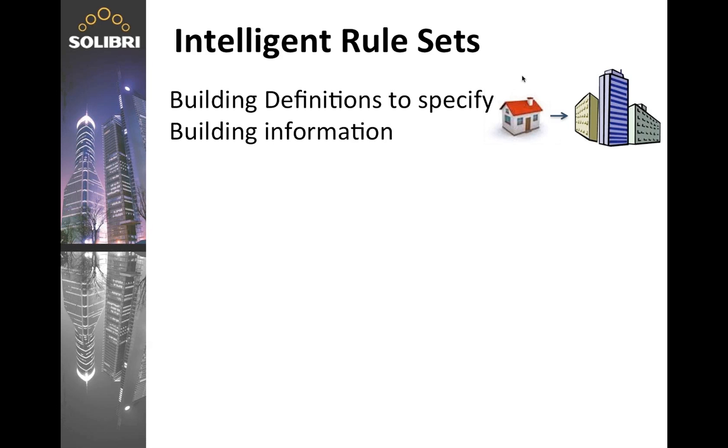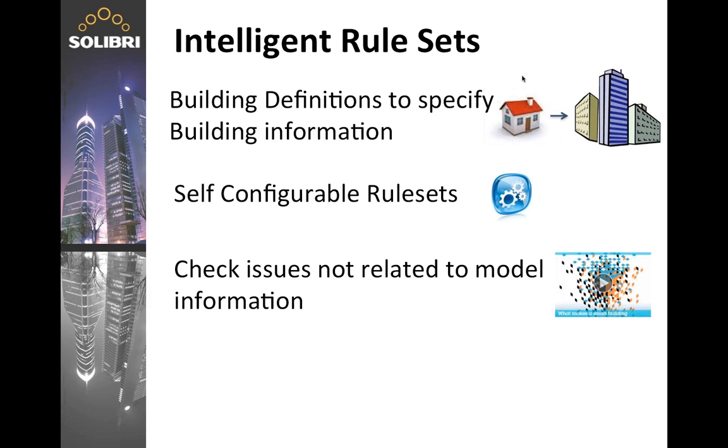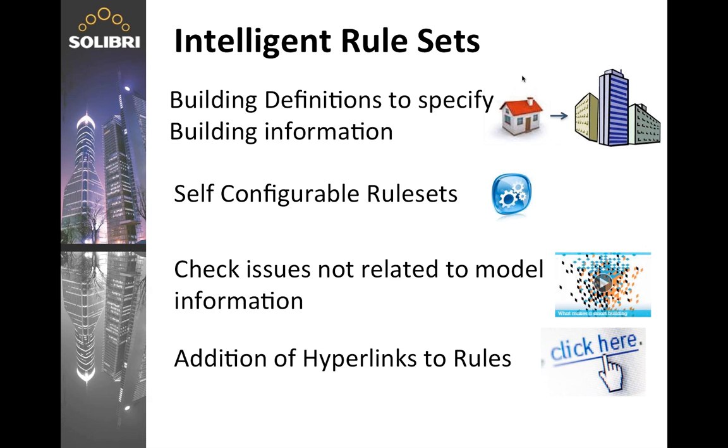For these intelligent rule sets to work, we need to further identify the individual BIM models, i.e. the building type, the project phase, the general geographical locations, etc. The self-configurable rule sets include the ability to differentiate rules specific to different phases of documentation, building types, building code requirements, etc., as well as the ability to check issues that are not related to modeled information. We've also noticed the inclusion of hyperlinks directly into rules.